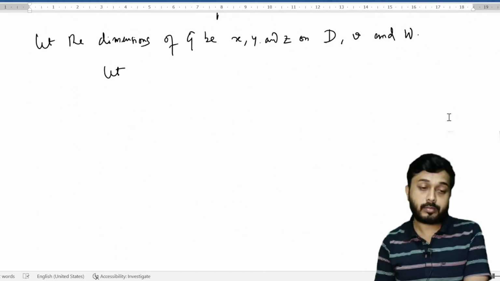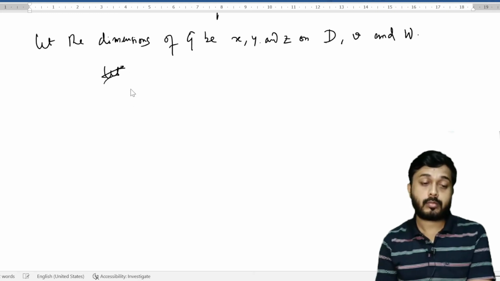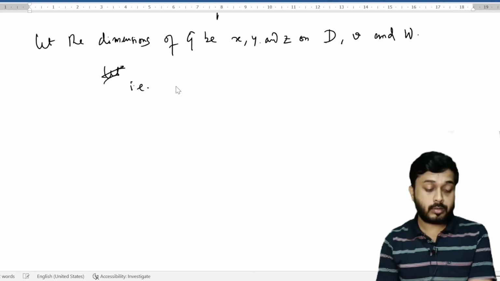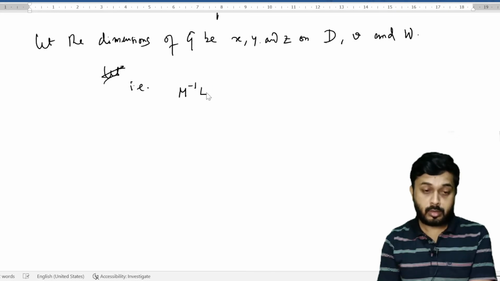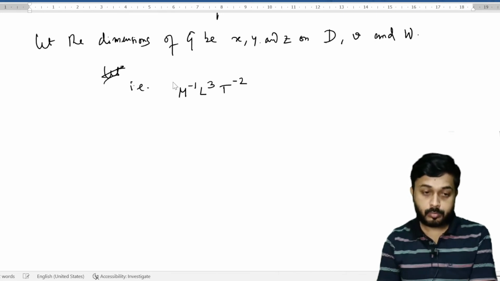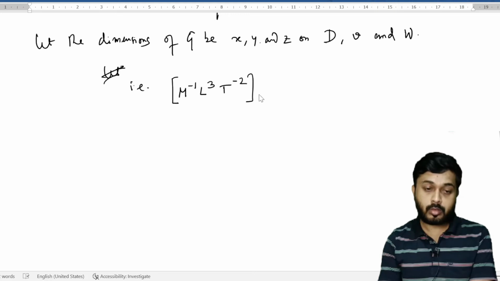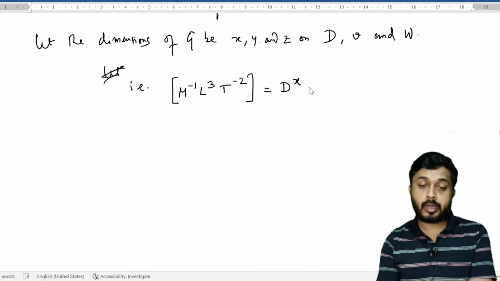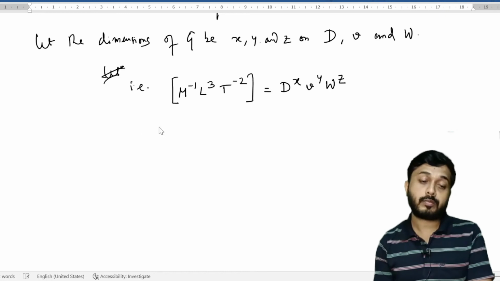That is, m to the power minus 1, l to the power plus 3 and t to the power minus 2 is equal to capital D to the power x, v to the power y, and w to the power z.